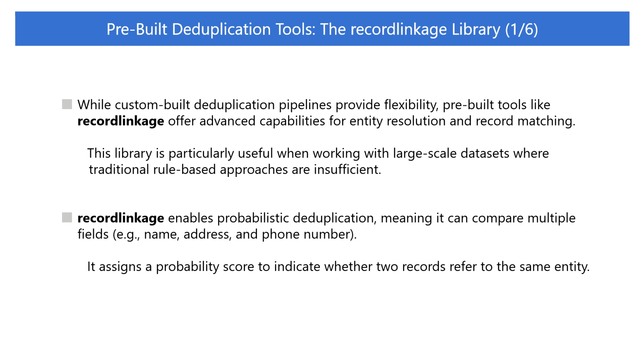The Record Linkage Library enables probabilistic deduplication, meaning it can compare multiple fields, for example, name, address, and phone number, and it assigns a probability score to indicate whether two records refer to the same entity.